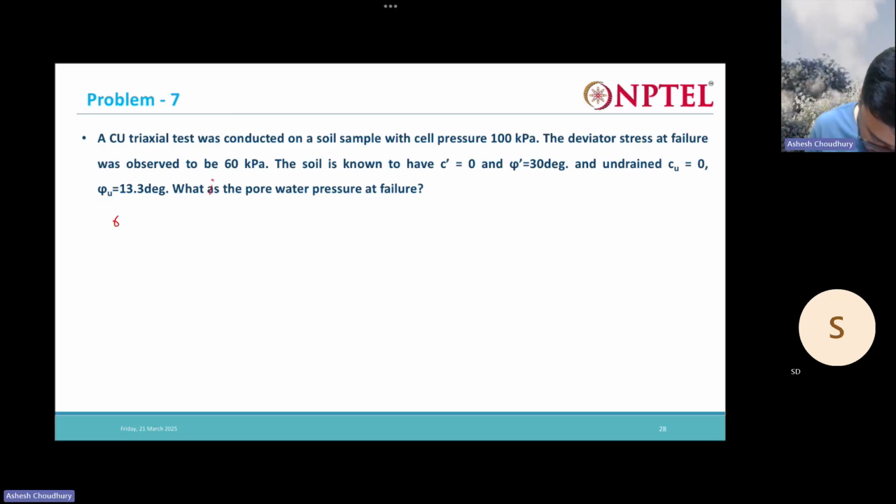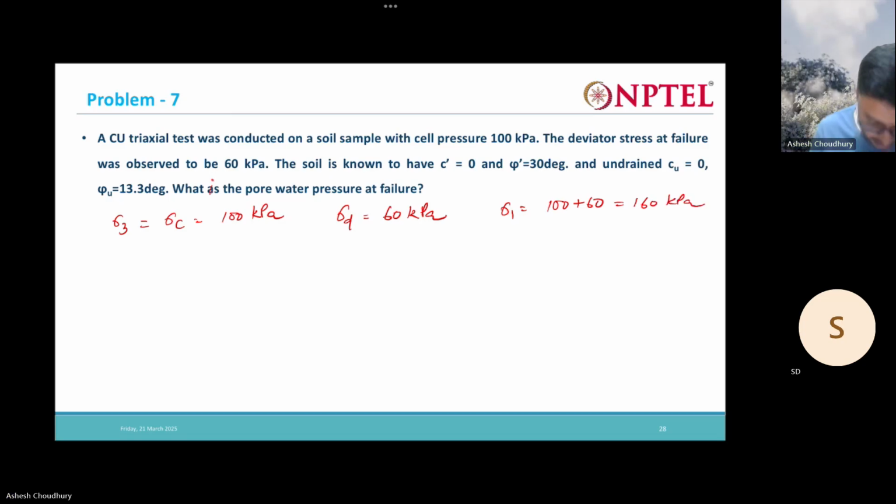So first we have cell pressure 100 kPa, deviator stress 60 kPa. So my sigma 1 is nothing but 100 plus 60, that is 160 kPa. Now, what are the effective values?